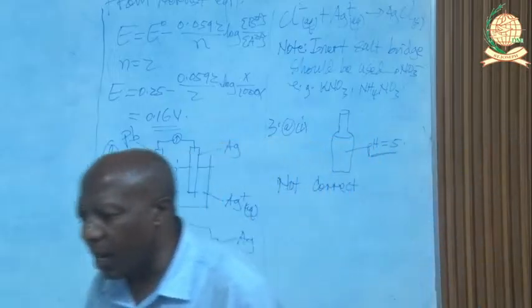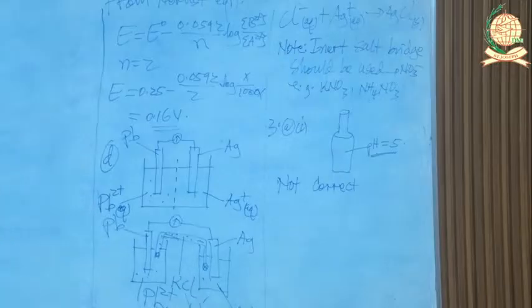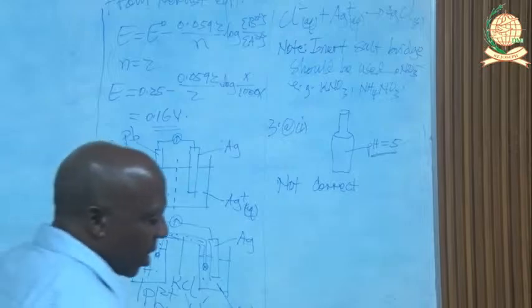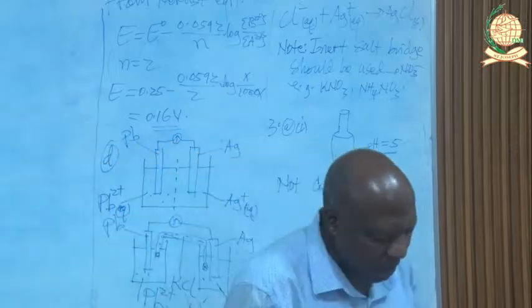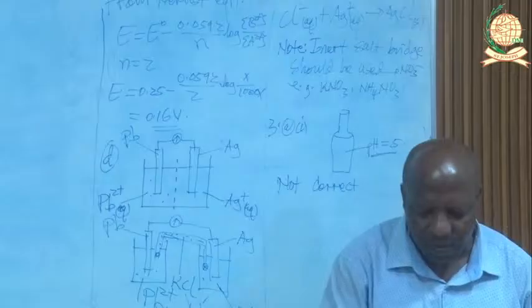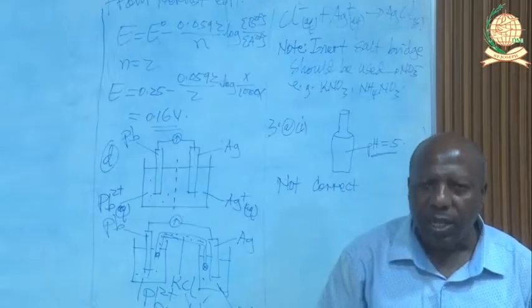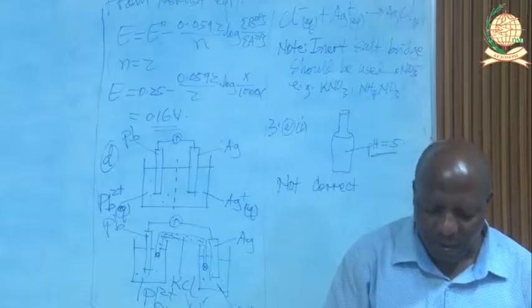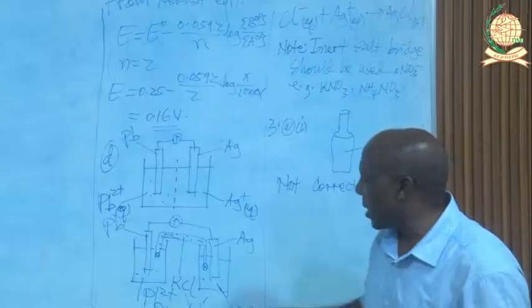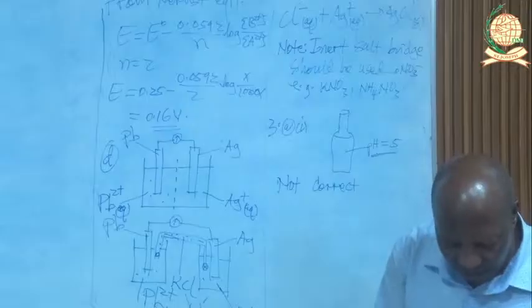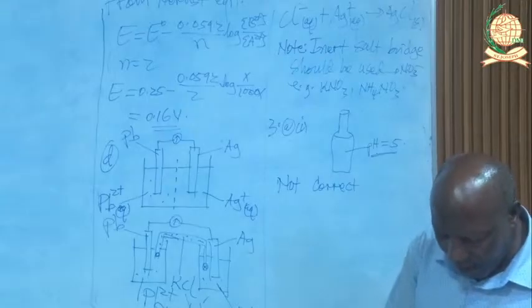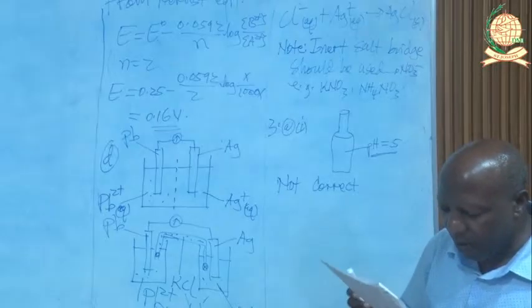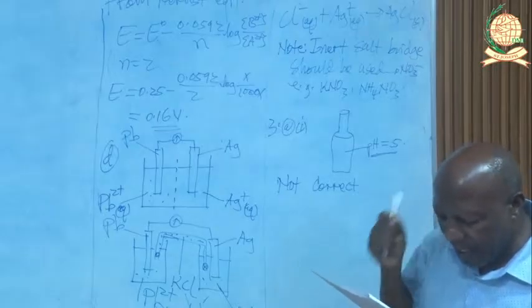Our blood is a buffer solution. It may resist the pH change even if a small amount of acid or base is added. So blood is a buffer solution with the pH of 7.4. This is another application of buffers in daily life.